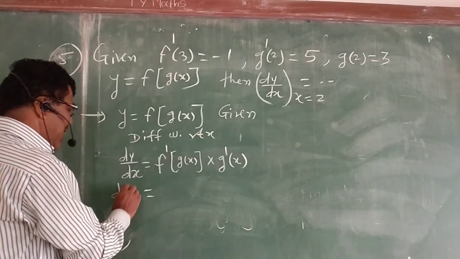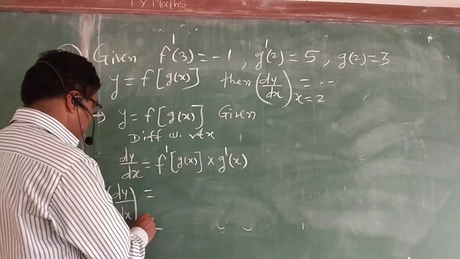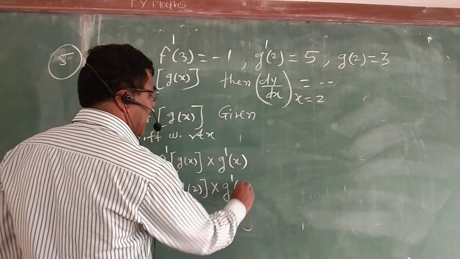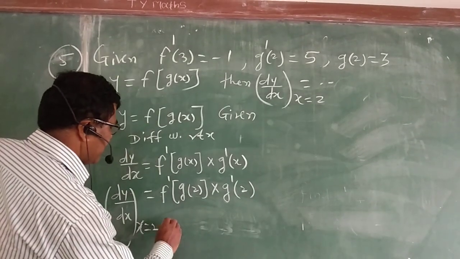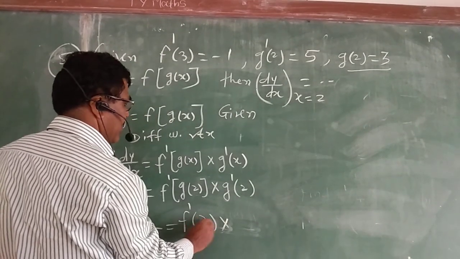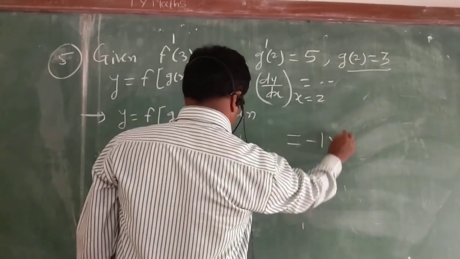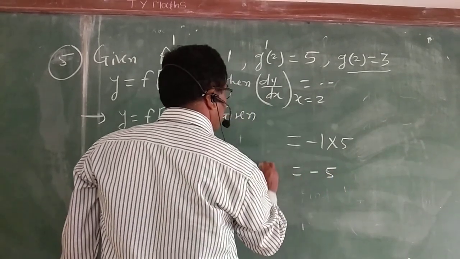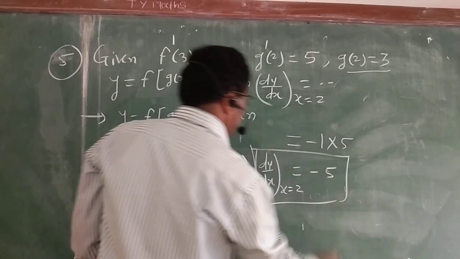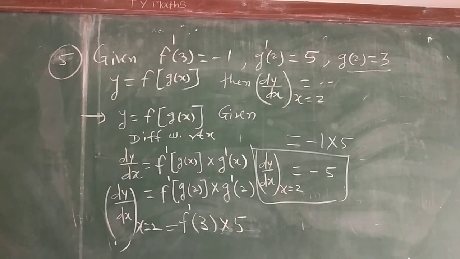That is dy by dx at x equal to 2, f dash g of 2 into g dash 2, that is f dash of g of 2 equal to 3, g dash 2 equal to 5, that is f dash 3 equal to minus 1 into 5, that is equal to minus 5. dy by dx at x equal to 2 is equal to minus 5.